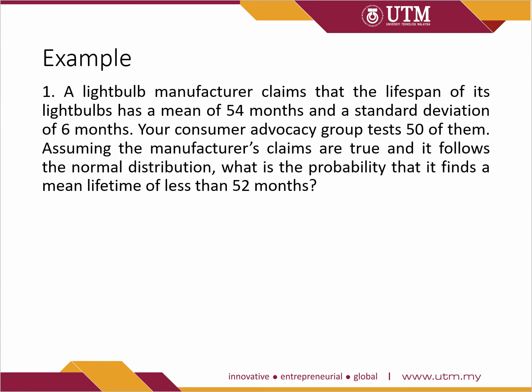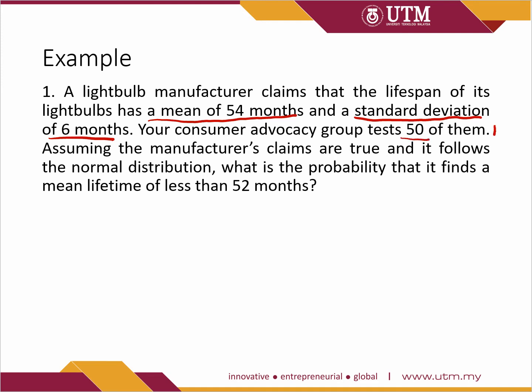Let's try the first example. A light bulb manufacturer claims that the lifespan of its light bulbs has a mean of 54 months and a standard deviation of 6 months. And a consumer advocacy group tests 50 of them.